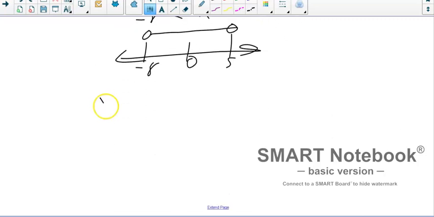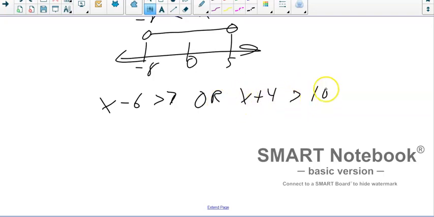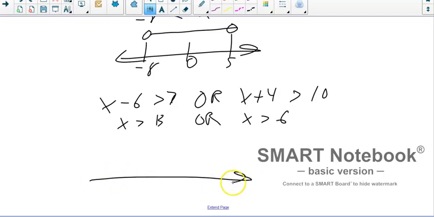Now, what if we have something like this? x - 6 is greater than 7, or x + 4 is greater than 10. Well, we just solve them separately. X is greater than 13 when I add 6 to both sides, or when I subtract 4, x is greater than 6. So if I look at that on a number line, here's my 0, here's my 6, here's my 13.